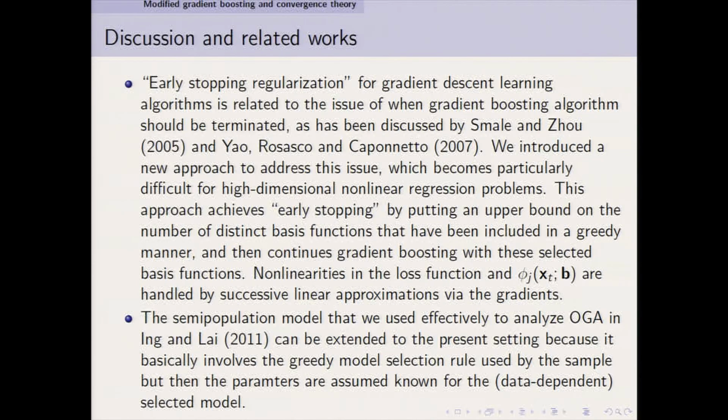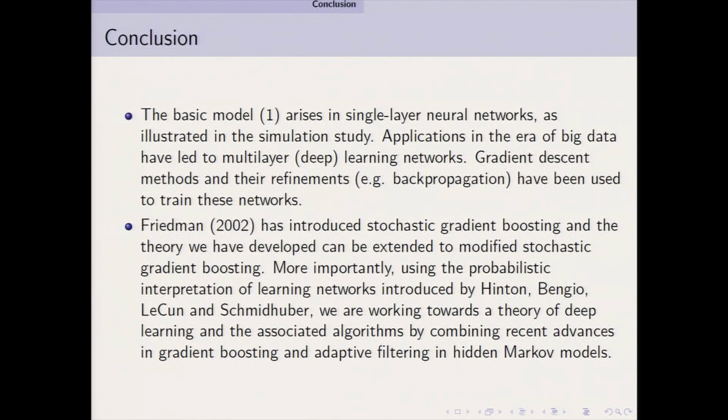So as I said, we first compare this to the semi-population model, and then compare the semi-population model to the modified gradient boosting. The basic model with this phi arises in single layer neural networks, as illustrated in the simulation study.